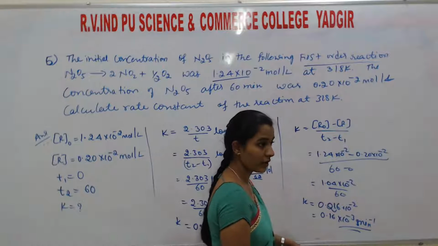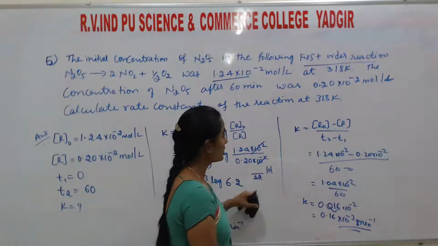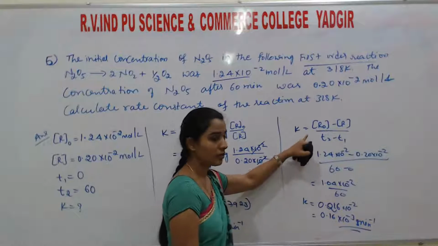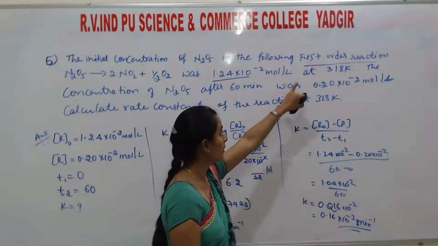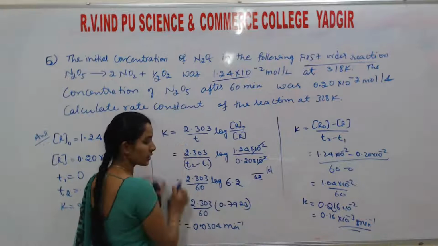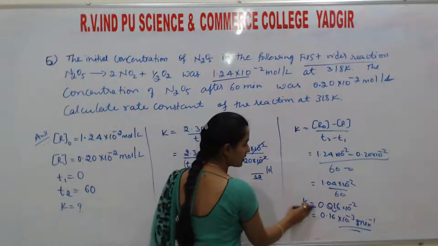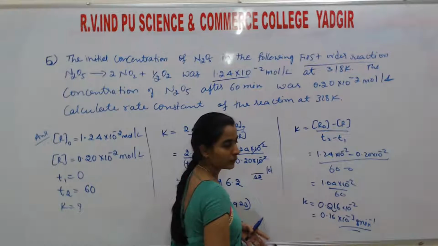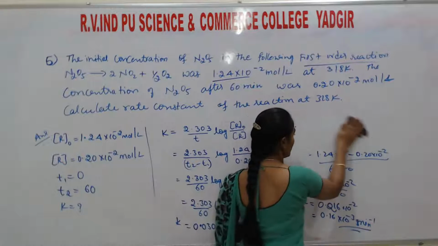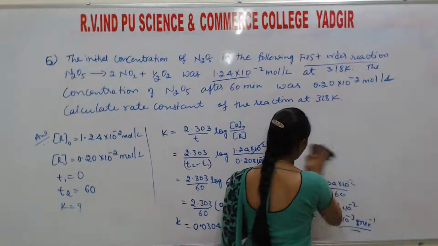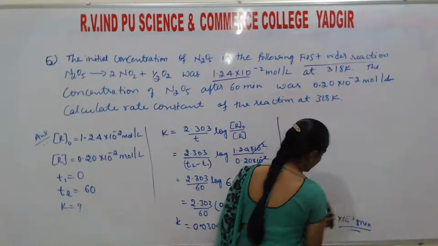For a zero order reaction, the rate constant equation is different from first order and second order. Here they mention first order reaction, so we take this one. If they mention zero order, this will be the answer. So this is the way to calculate the rate constant of a reaction.